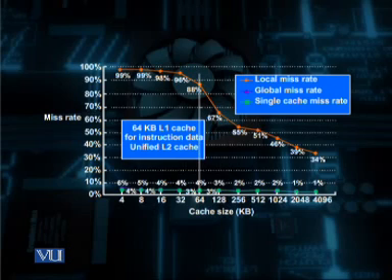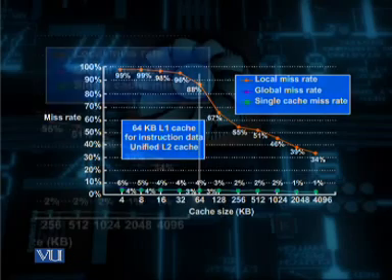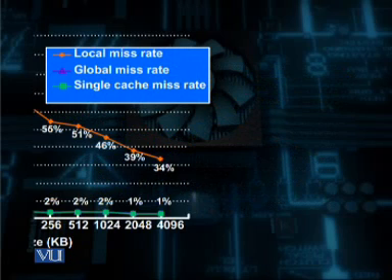For this purpose, the figure here shows miss rate versus cache size for multi-level caches. In this figure, the miss rate of single level and multi-level, that is the local as well as global caches, versus cache size is plotted.